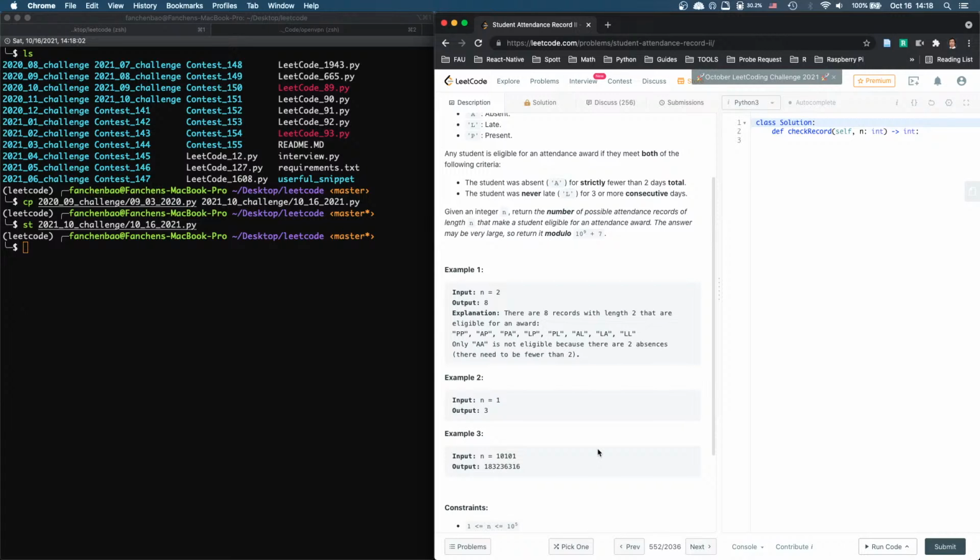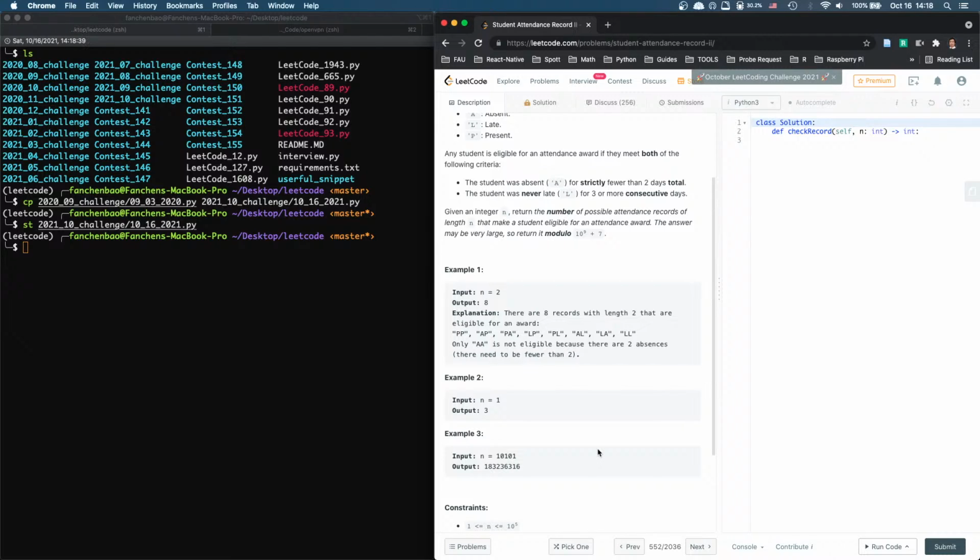How about 2? So 2 is still going to have 0, 1, 0, 1. If the first one is P, then the second one is allowed, so it's a 1, 1 situation, which gives us 3. If the first one is an A, then the second one will not allow A, so that's a 0, 1 condition, which is 2. So 3 plus 2.